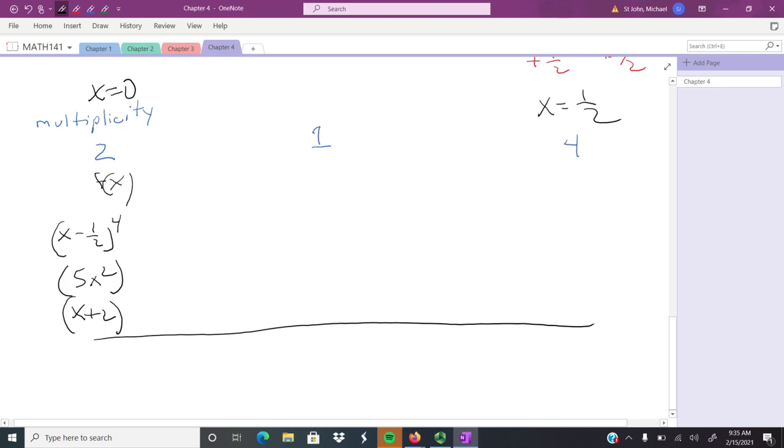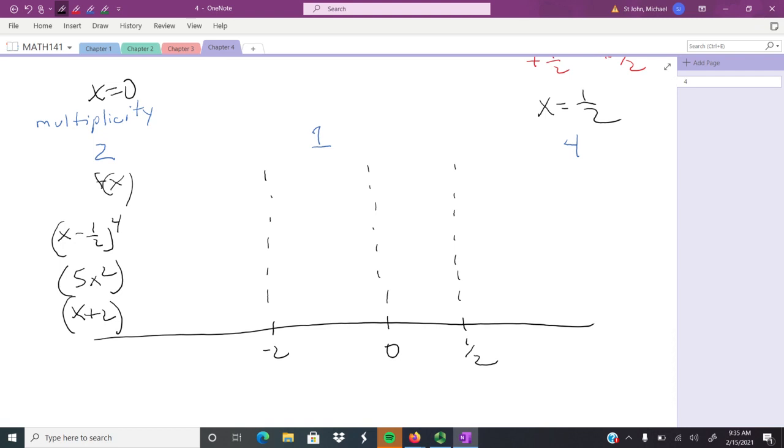And we'll have a number line. The numbers we're going to have here are going to be -2, 0, and 1/2. Right? So we just want to know whether the term is going to be positive or negative.